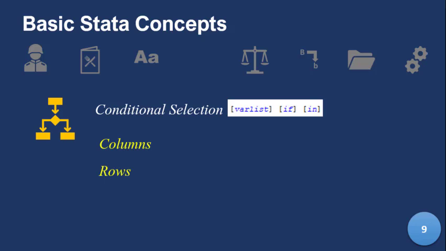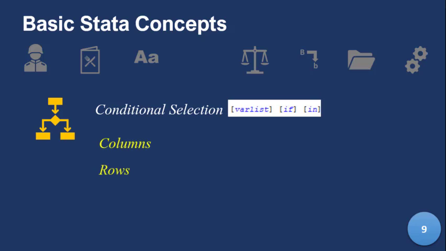Sometimes you want to specify certain variables, sometimes certain observations. If you don't remember all these terms, you can go back to module 1, lesson 1, where we dealt with it in detail. Please check the video for that.